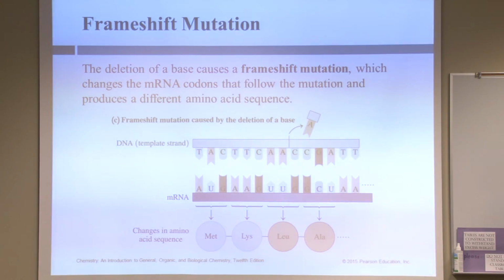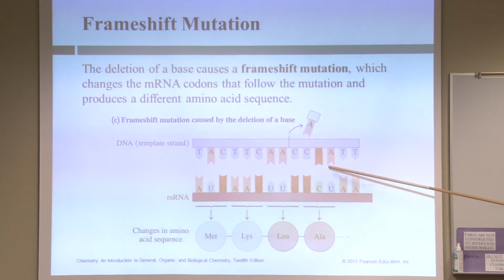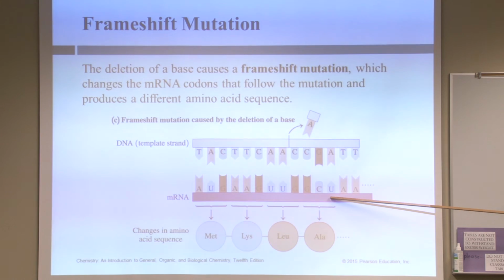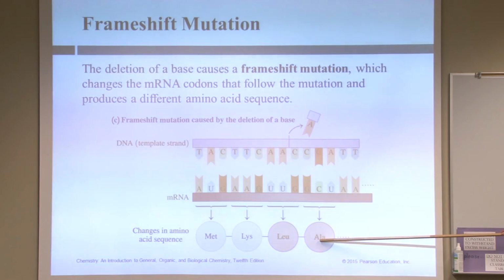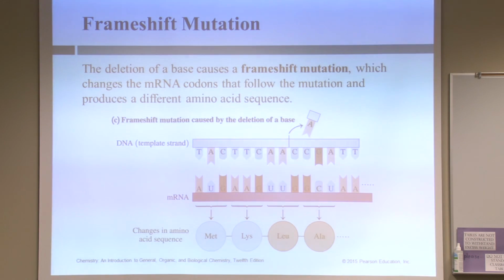So we are changing the triplet sequence. So now the transcription on the messenger RNA has changed, and the amino acids that are going to be brought up by transfer RNA are going to be different. So there is a change in the amino acid sequence, and this is frame shift mutation, a shift in the frame.